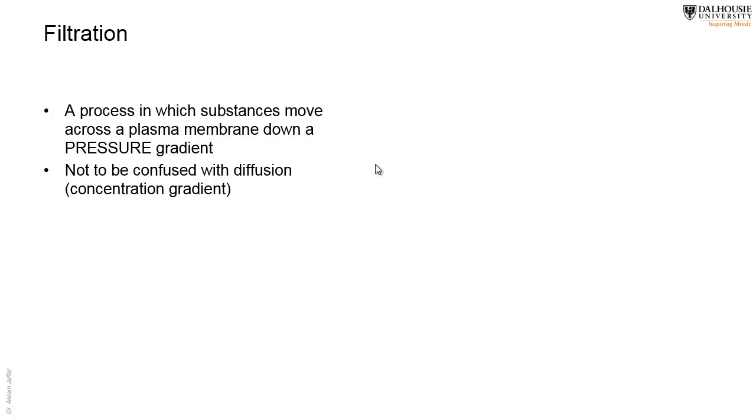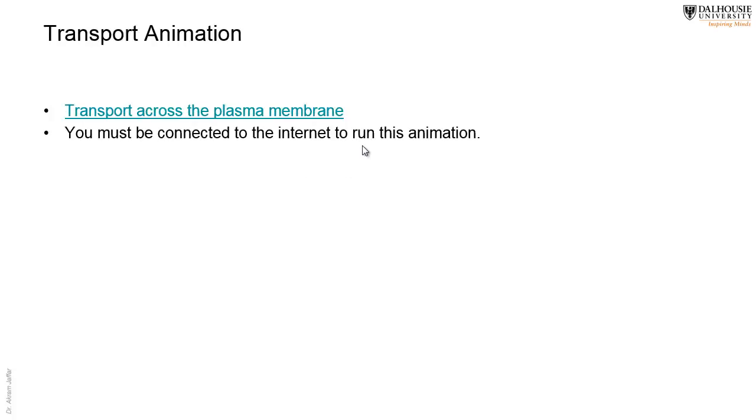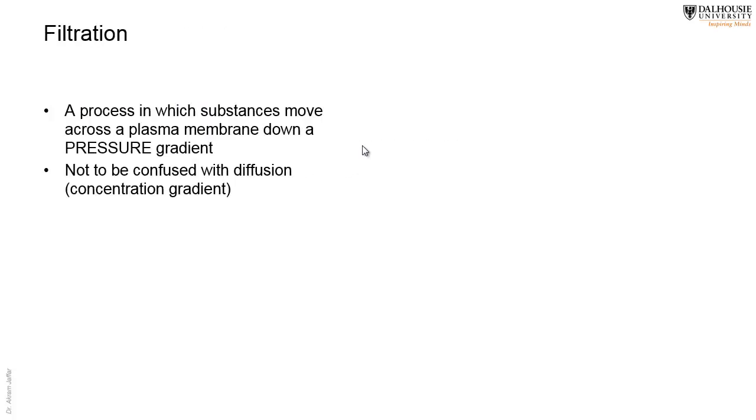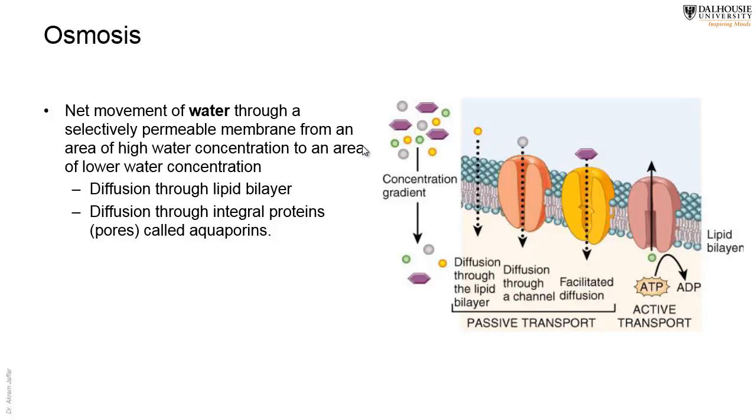So substances will be pushed, will be filtered from the blood to the tissue, even if there's a higher concentration in the tissue, because they are pushed by the pressure. This is mentioned here to make a distinction between filtration and diffusion.